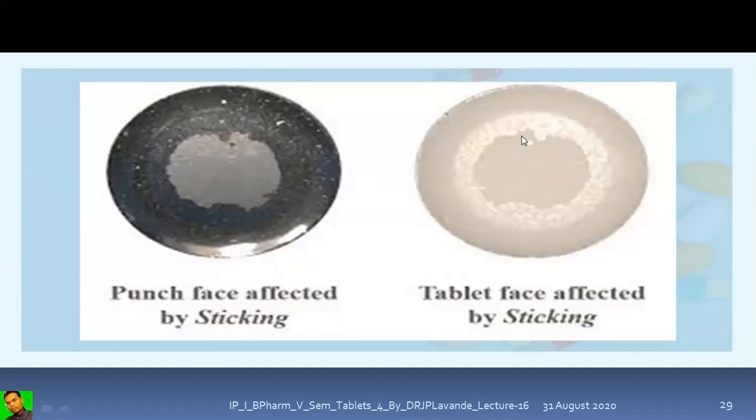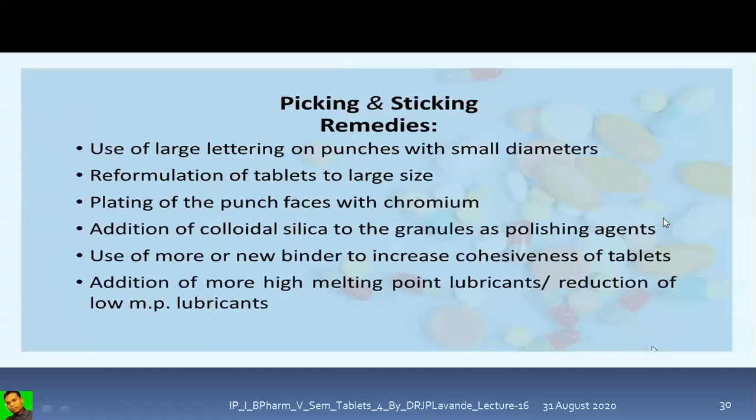And this particular portion of the tablet surface will get removed and stick to this punch. So the portion will get removed by the punch. Tablet face affected by the sticking: because of the process of sticking, the surface will get affected.